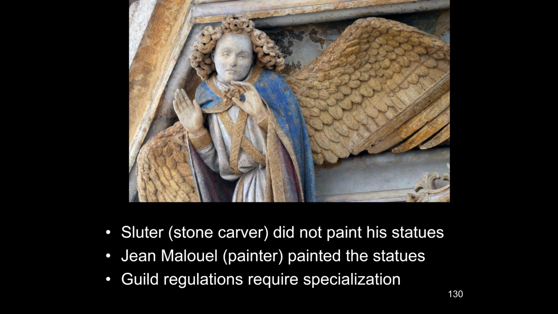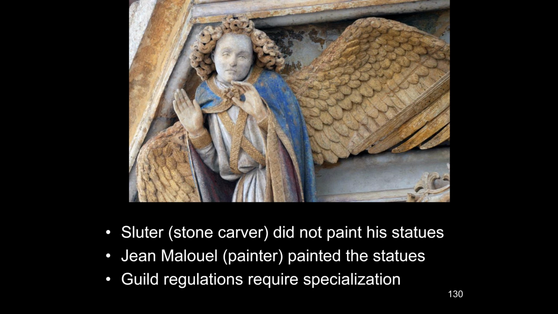Now, Sluter was a stone carver. He did not paint his statues. There's a very strong separation of the specializations of the artists. And there are guild regulations that govern this. If you were going to be a stone carver, you were not allowed to paint the statues. That's another specialized trade.